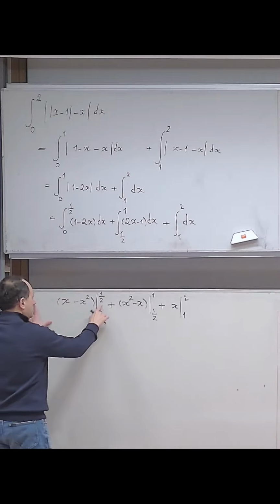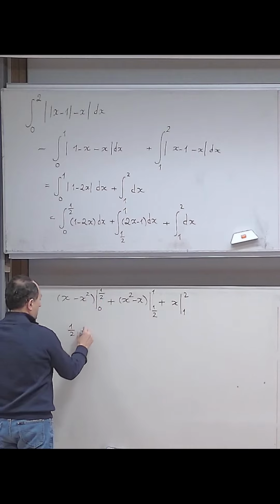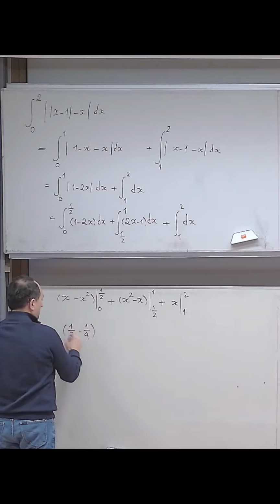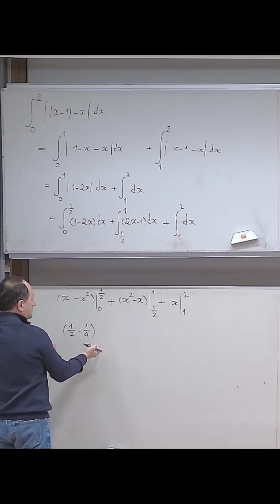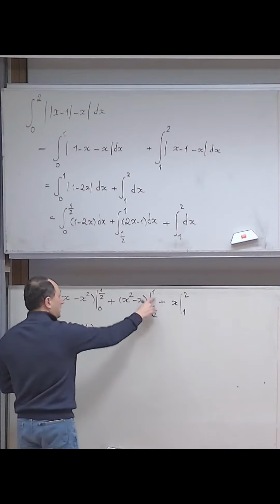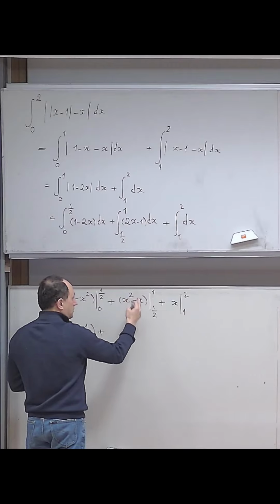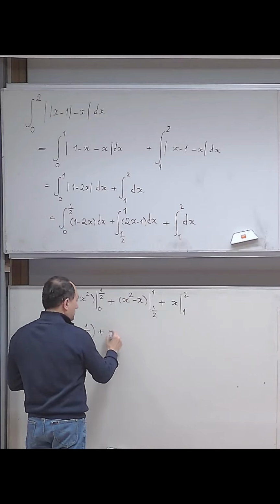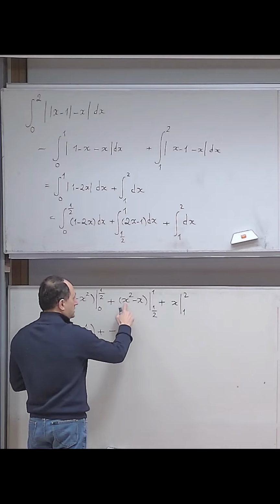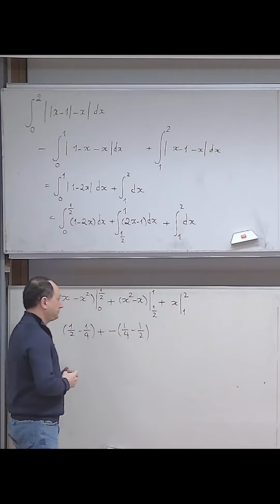Okay, so I replace x with 1/2, so this becomes 1/2 minus 1/4, minus, I have to replace x with 0, which becomes 0, so I don't need to write it. Here I have to replace x with 1, which becomes 1 minus 1, which is 0, minus, I have to replace x with 1/2, so it becomes 1/4 minus 1/2.